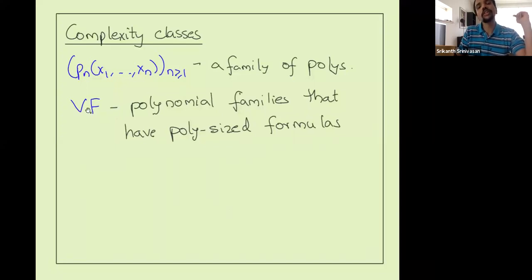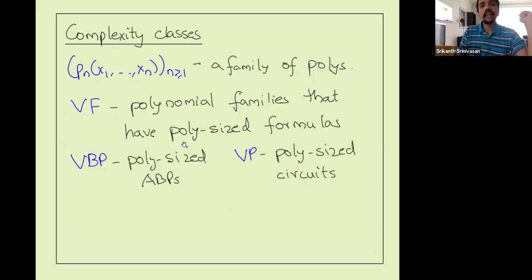Okay, so for instance, in the setting of formulas, we look at polynomial families that have efficient formulas, and this class of computational problems that have efficient formulas, we give it a name that we call VF. Okay, and similarly, we can define complexity classes corresponding to having efficient algebraic branching programs and efficient circuits.